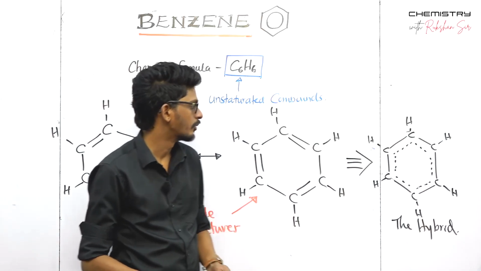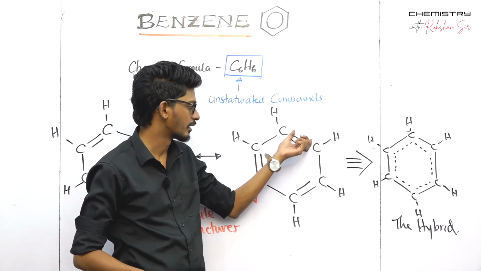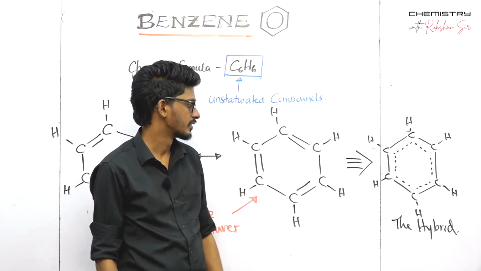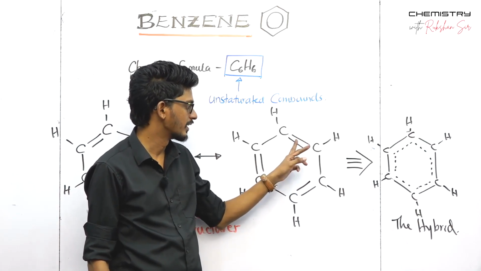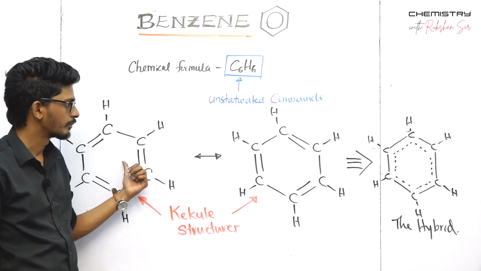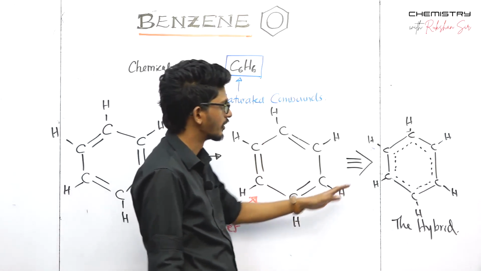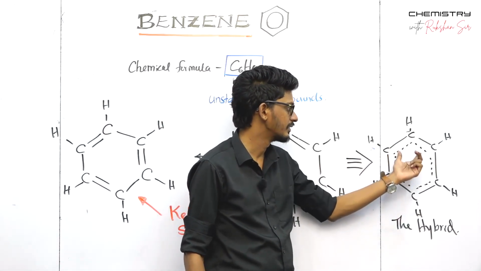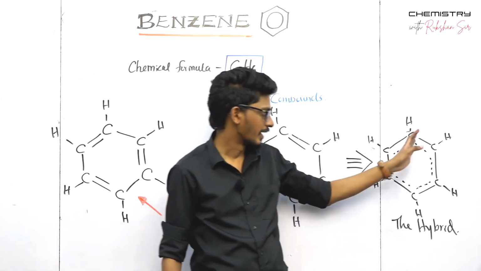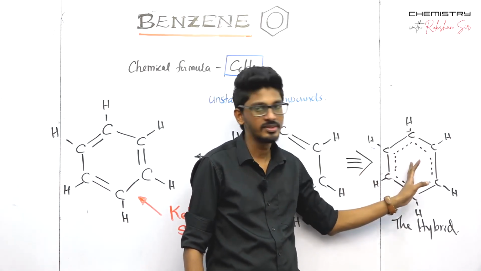So you don't have a double bond here, and you don't have a double bond here. It's a 1.5 bond order with these bonds, right? The double bond could be here as well as here. At the other instance, it could be here, like this. So a 1.5 kind of bond appears in benzene. That is why these guys are not reacting to Br2, actually, since no complete double bond is there.